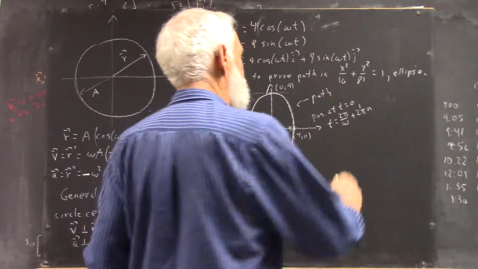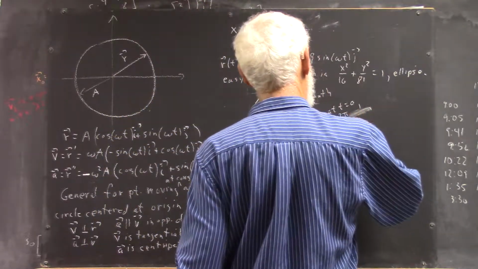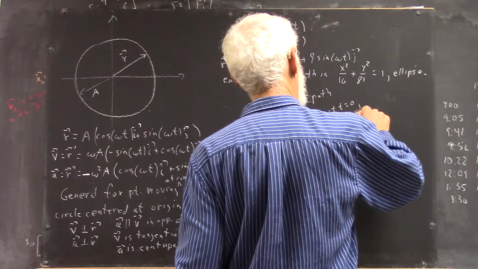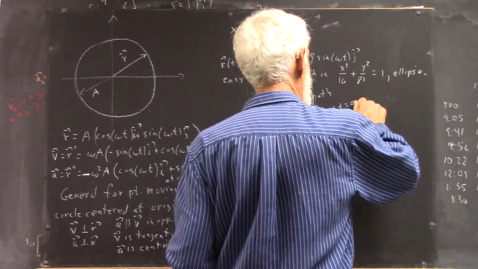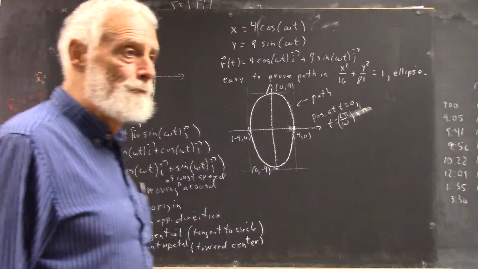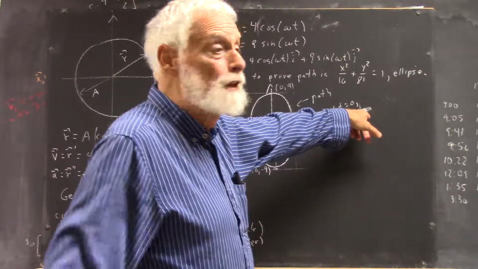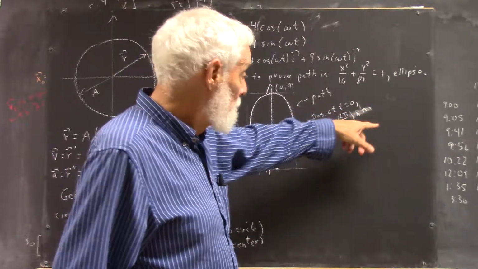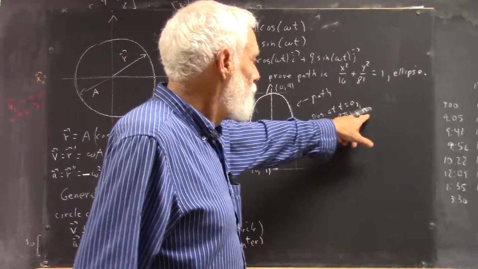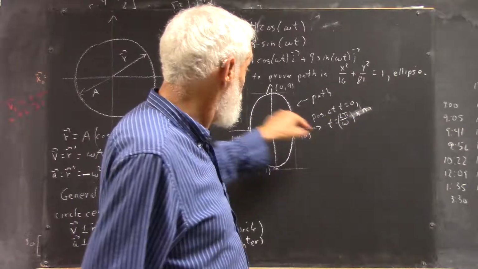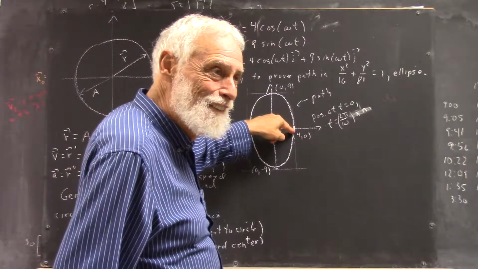No, sorry, 2 pi over omega times any integer n. Got a little fancy there, okay? In other words, n being a natural number or an integer, and I'm not going to specify that. It just means if you go around this thing 78 times, you're still going to be here, right?